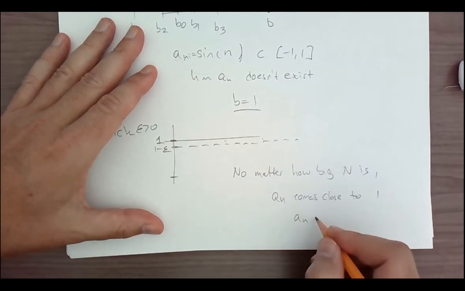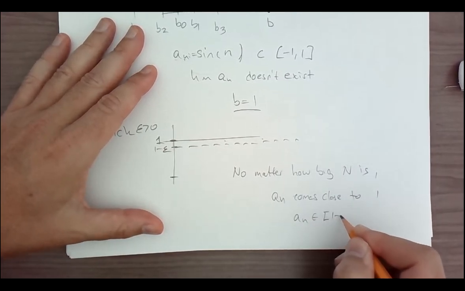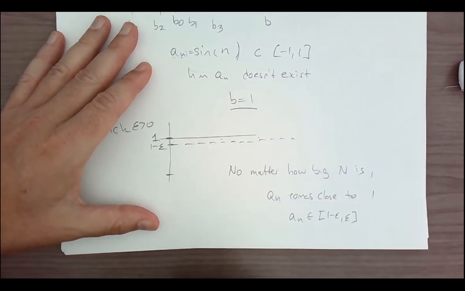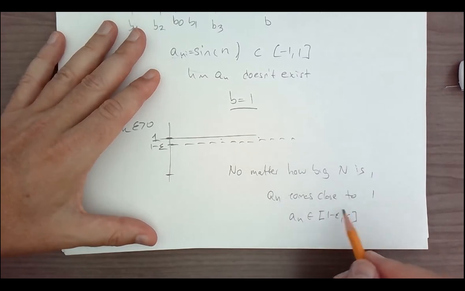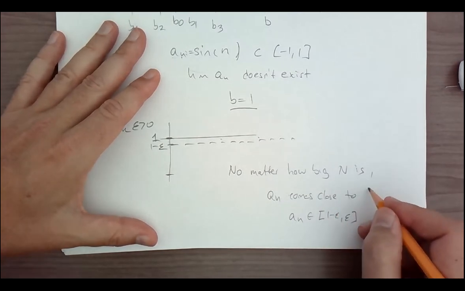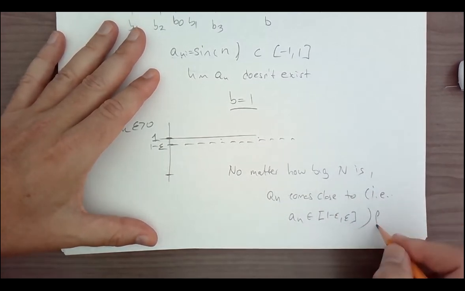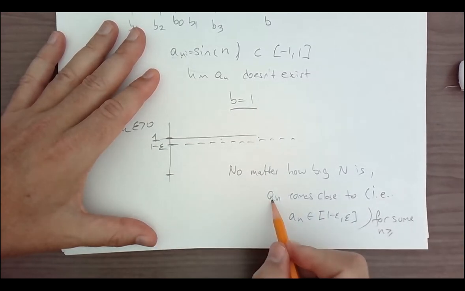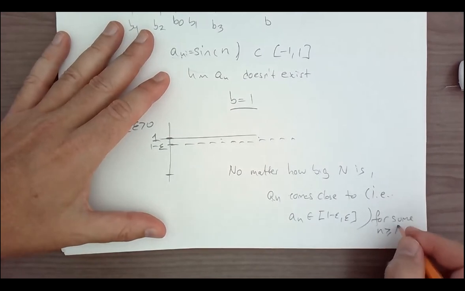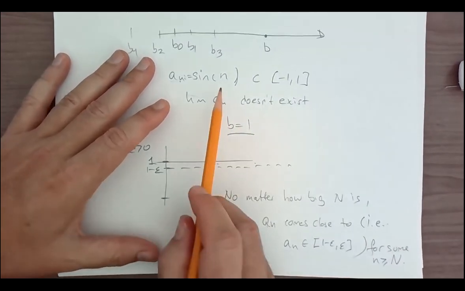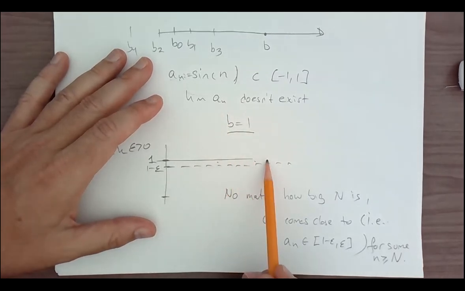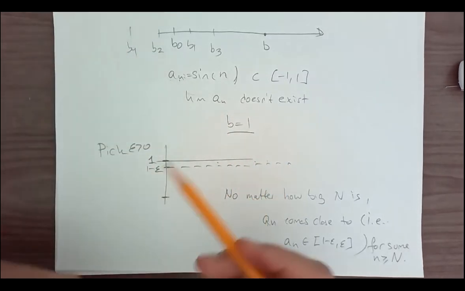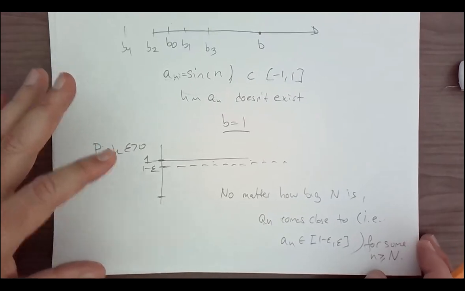It means that a_n belongs to this interval from 1 minus epsilon to 1 plus epsilon, for some n bigger than capital N. So no matter how far out in the tail you go, you're always coming into this neighborhood, and any other neighborhood. If you have that property, it's a cluster point.